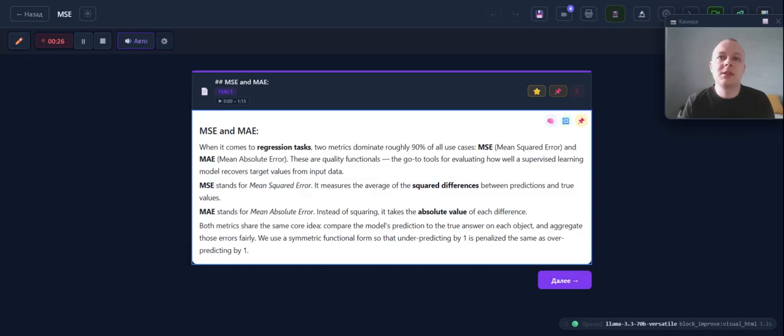Both metrics share the same idea. We compare our predictions with the true answer for all of our objects, and both of them use a symmetric functional form, so that under-predicting by one is penalized the same as over-predicting by one.